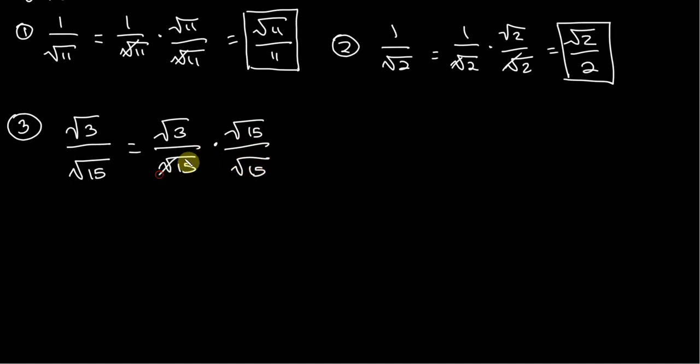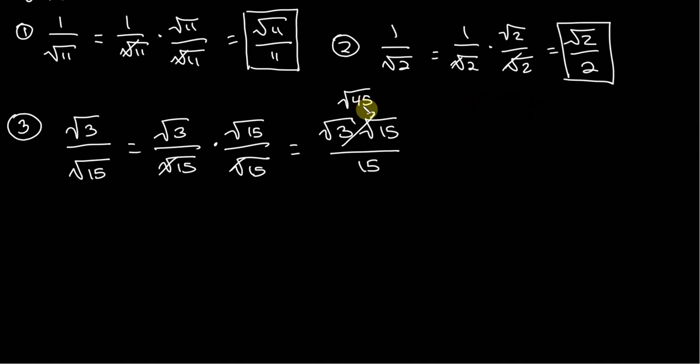It's going to cancel, and what you're going to end up with is root 3 times root 15 over 15. However, we can still simplify this a bit more. Root 3 times root 15, that's just going to leave us with root 45. And root 45 is going to leave us with 3 times root 5.